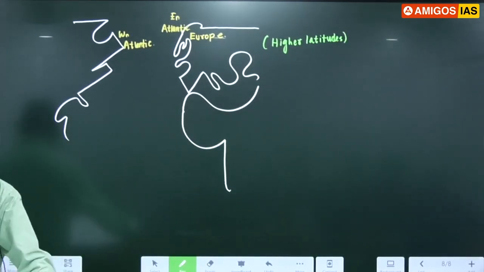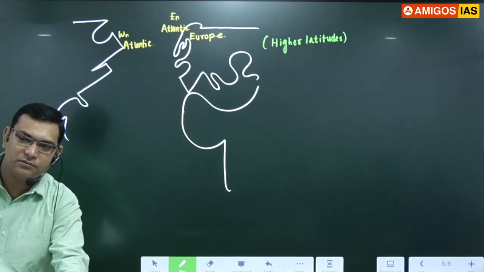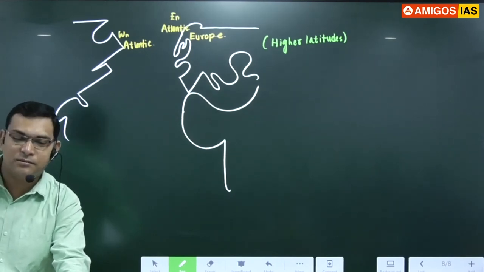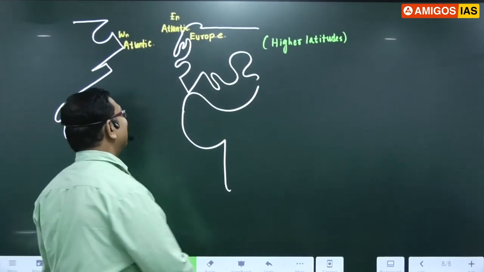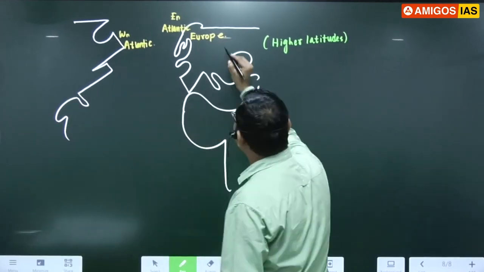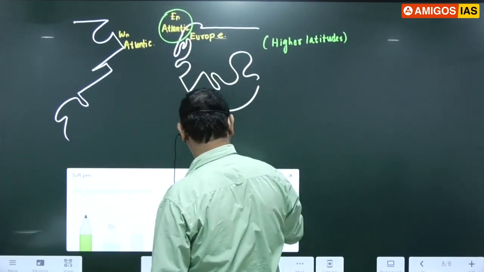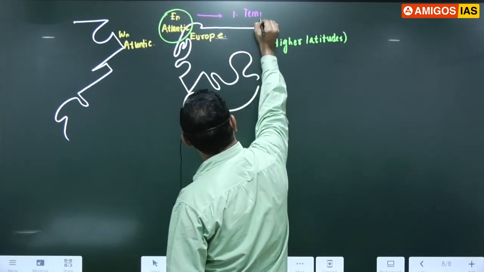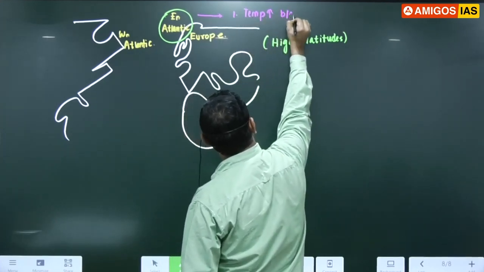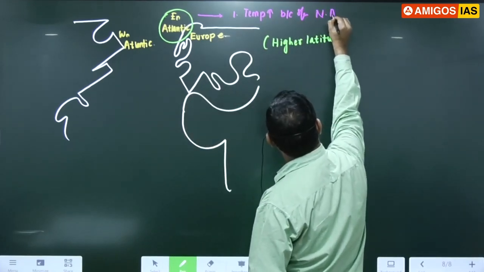Now tell me. Why eastern? That's what eastern. Eastern only. Here two things will happen. One, temperature increases here only, because of the North Atlantic Drift current.